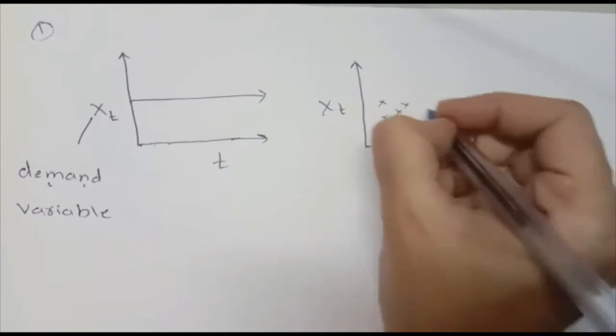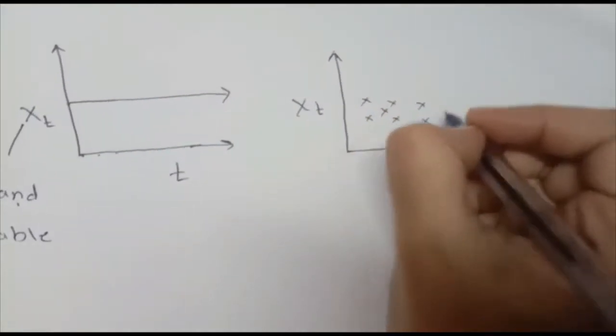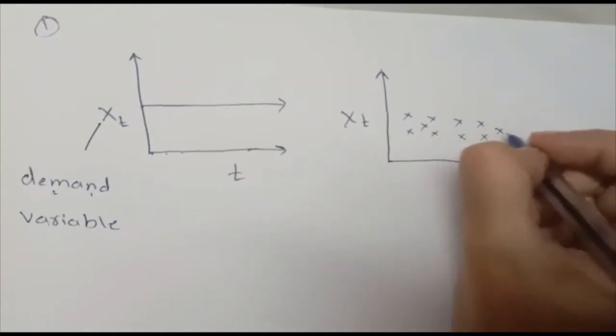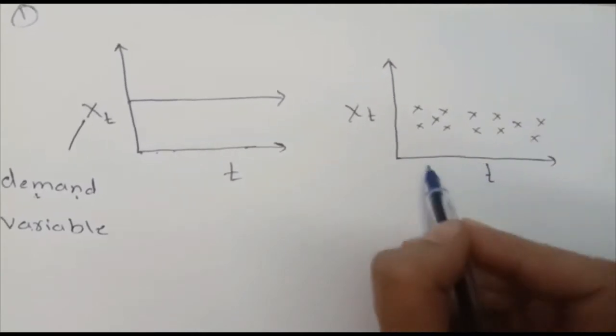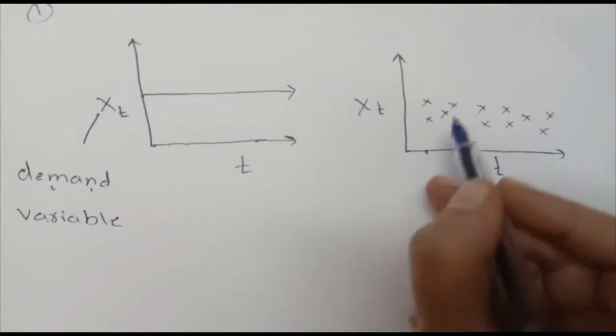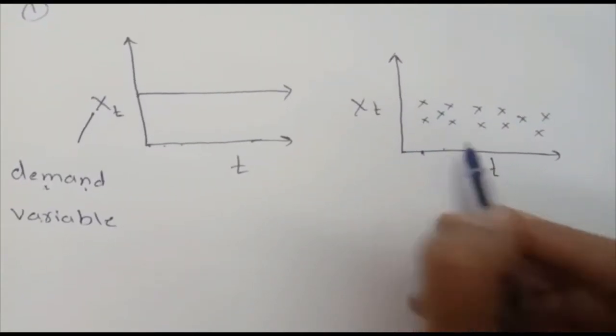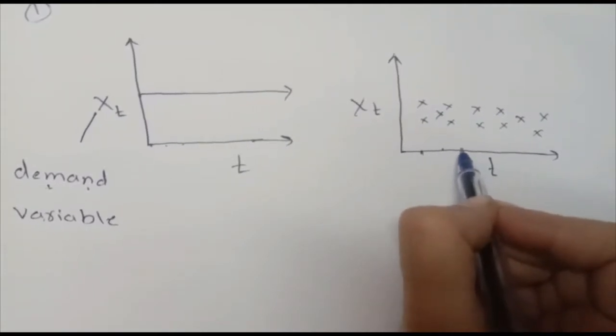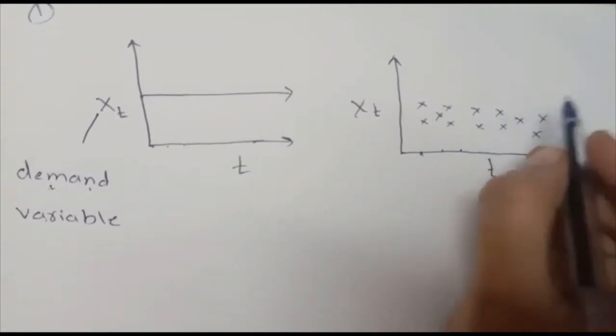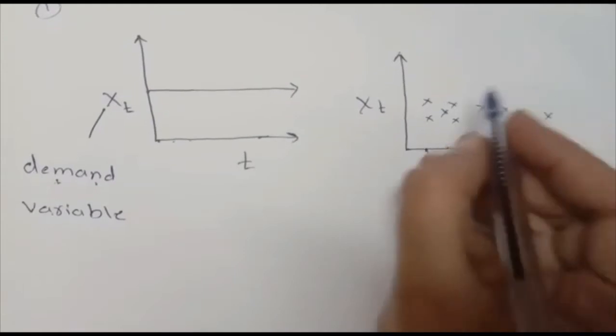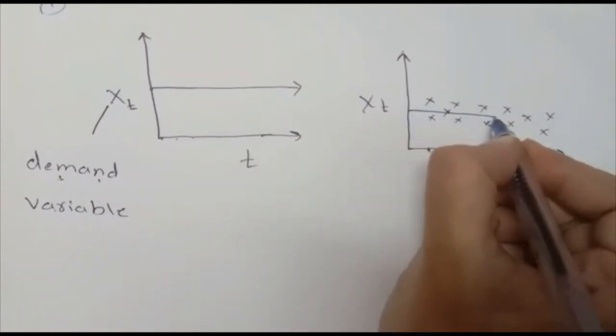There are fluctuating values of demand. So at this time the value of demand is this, at this time the value of demand is this, and at this time the value of demand is this. It means the value of demand is not constant, but in this case we are taking the average.